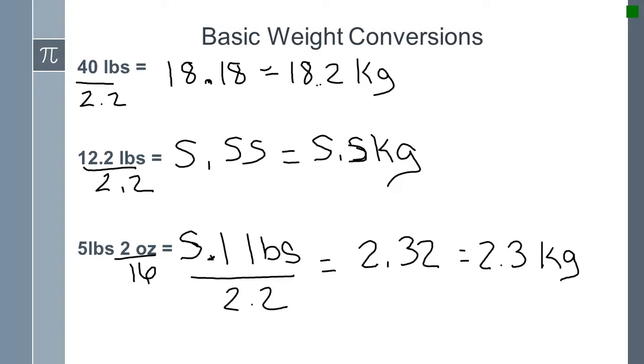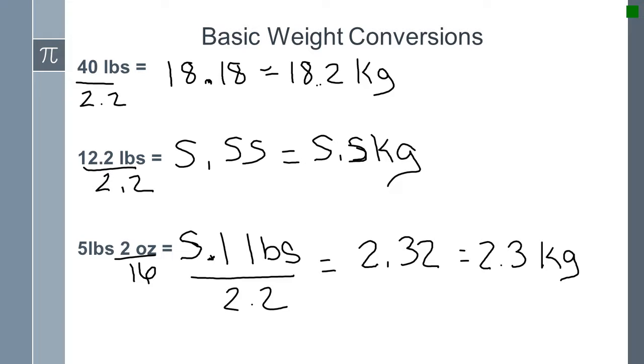And we know that there's 16 ounces in a pound. And so we want to divide that, and we know that it's going to be a decimal point, so you're going to want your bigger number on top. So I'm going to take my 2 and divide that by 16. And when I divide 2 by 16, I get 0.1 or 0.13. We're going to go with the 0.1.